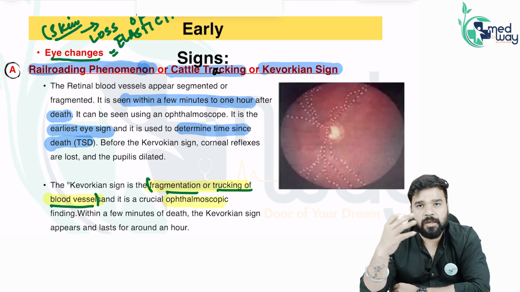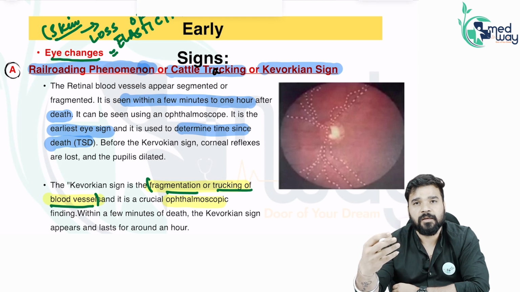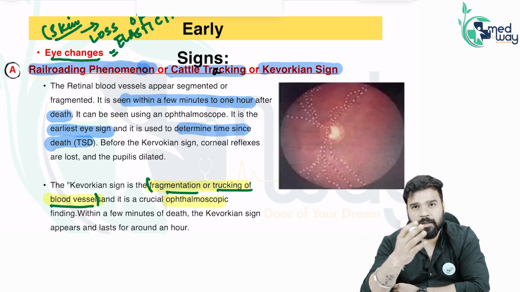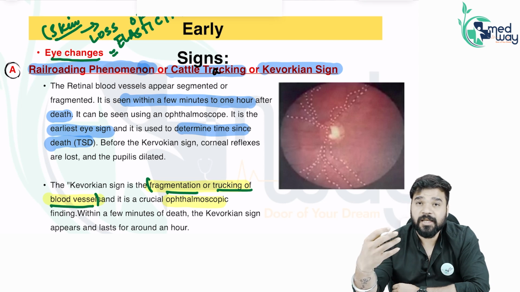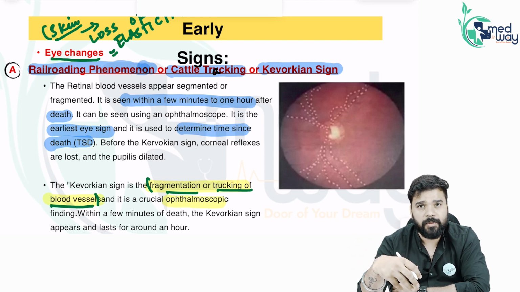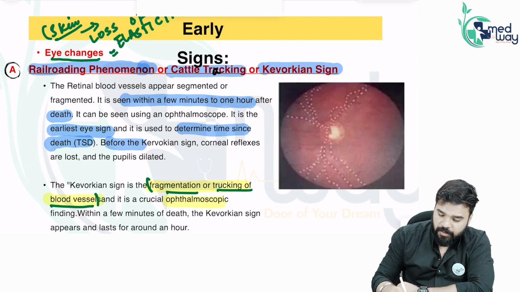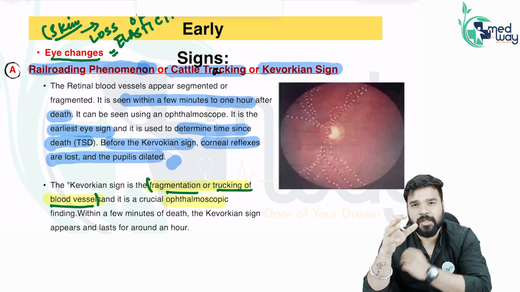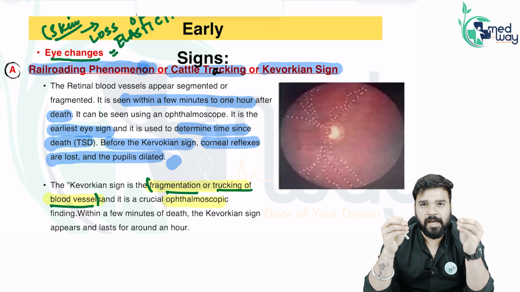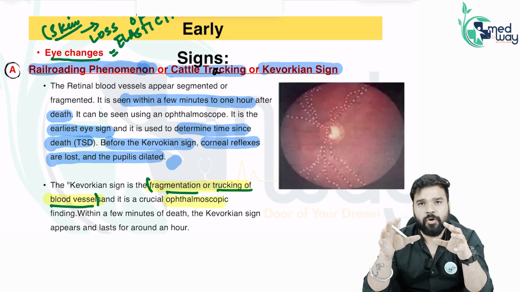If the question comes, what is the earliest sign after death, it will be different. But if the question is, what is the earliest eye sign, then it will be Kevorkian sign. Before Kevorkian sign, corneal reflexes and pupillary reflexes are lost. That means pupils will be dilated and there will be no corneal reflex.